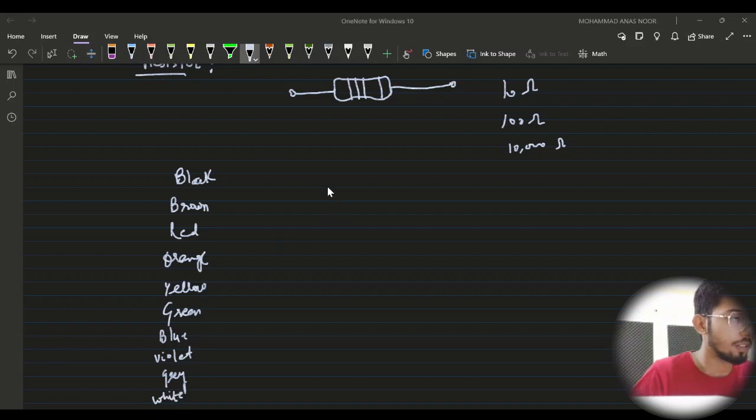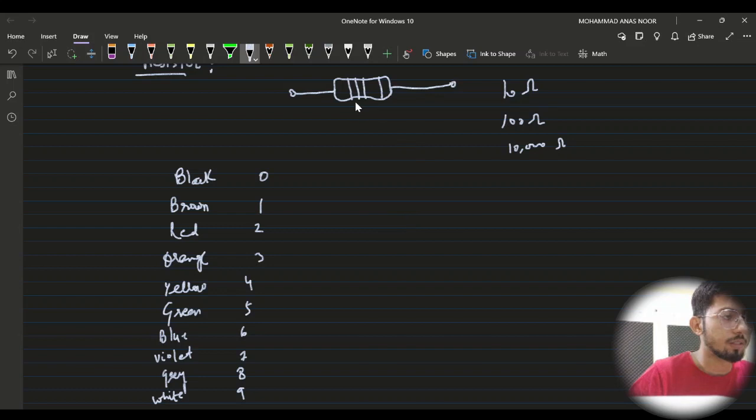And now each one of these colors has a number associated with it. So it goes all the way from 0, 1, 2, 3, 4, 5, 6, 7, 8, 9.